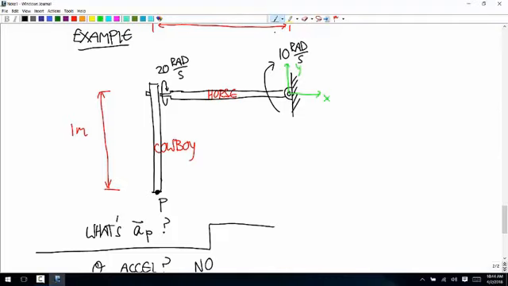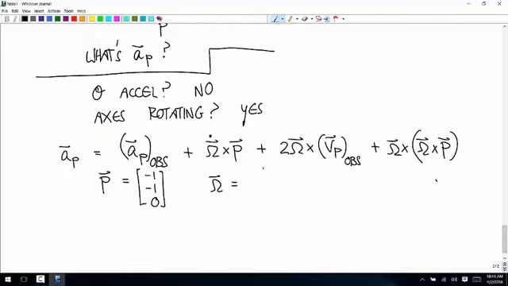Zero, zero, -10. Yep. Because of the cross product, x cross y has to be z, so positive z is that way. This is going in the opposite direction. So 0, 0, -10. What's capital omega dot? Yep.